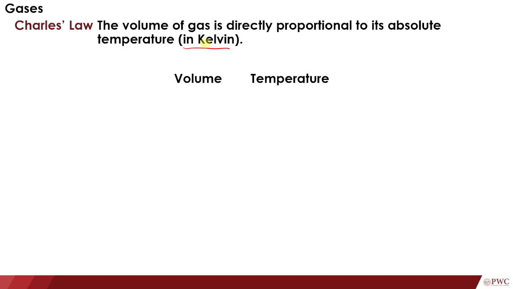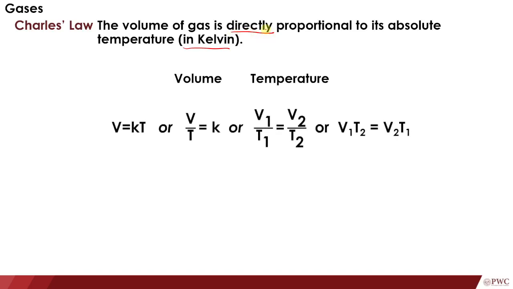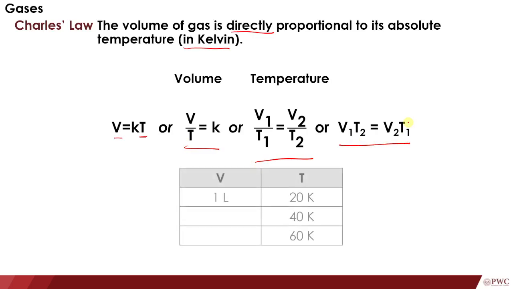Again, they are directly proportional to each other. We can write it as this one: the volume is equal to some constant times the temperature. Okay, again, they are directly proportional to each other. So here we increase the temperature by a factor of 2.